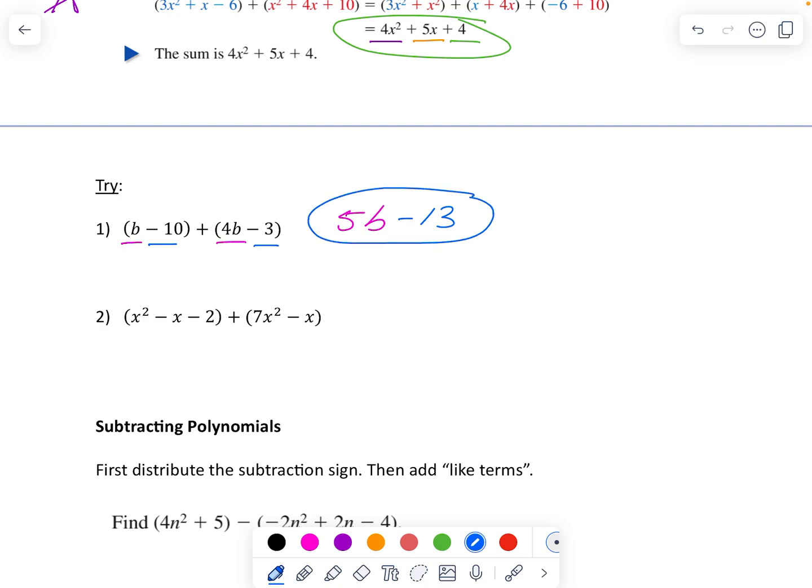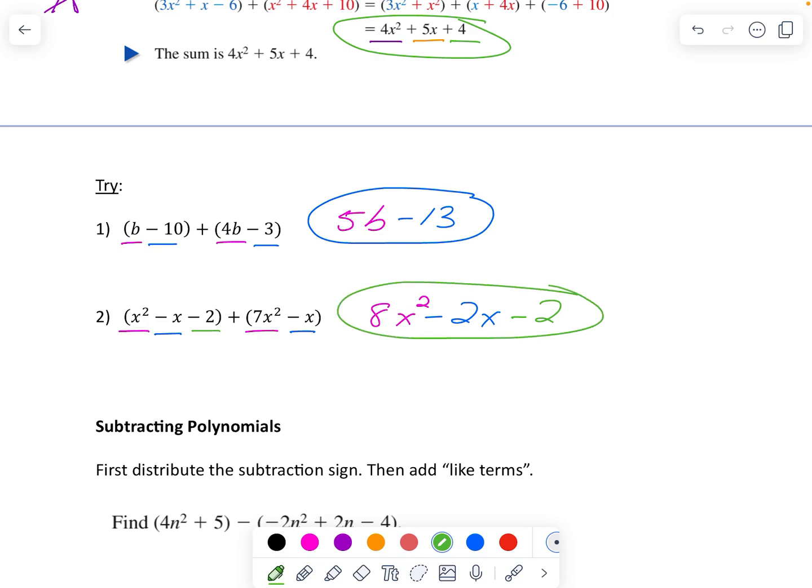So that would be our answer. For this one, we have x squared, 1x squared plus 7x squared gives us 8x squareds. -1x plus -1x is -2x. And then -2, that's it. So that would be our answer.